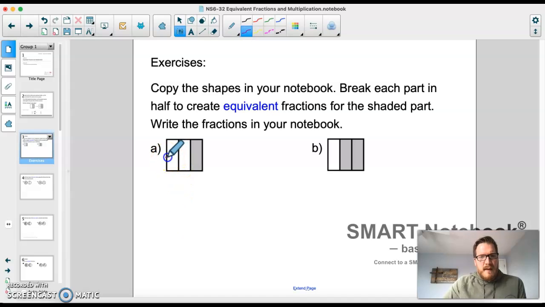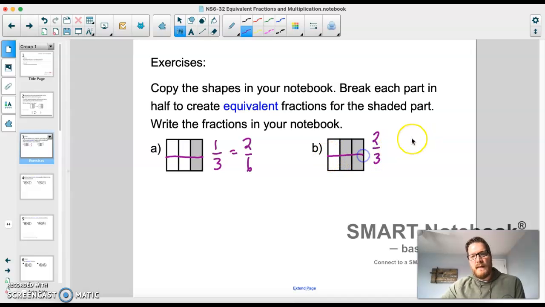When I cut this in half, I started out with 1 out of 3, and after I cut it in half, I got 2 out of 6. Over here, I start out with 2 out of 3, and when I break it in half, I get 4 out of 6. Okay, and these things represent the same amount. The same amount of stuff is shaded, and the same amount of stuff is blank.